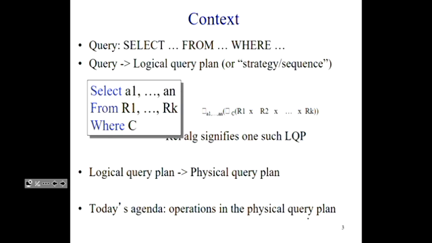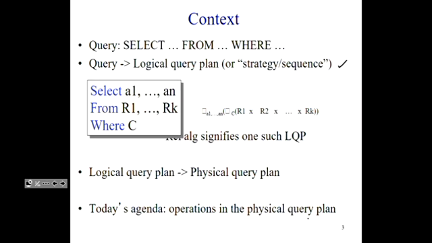Let's say you have a select from where clause. So it's a simple query. The first thing that you end up doing is you transform that query into what is known as a logical query plan. A logical query plan you can think of as a relational algebra expression.